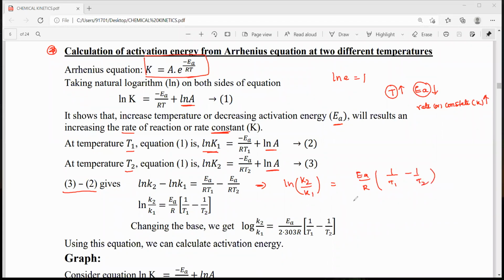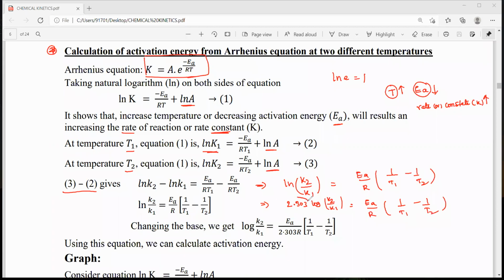Now convert ln into log by multiplying with 2.303. So 2.303 log k2 by k1 is equal to Ea by R into 1 by T1 minus 1 by T2.